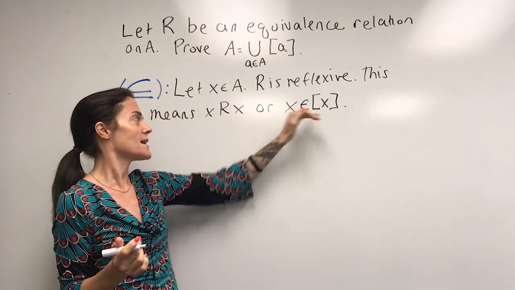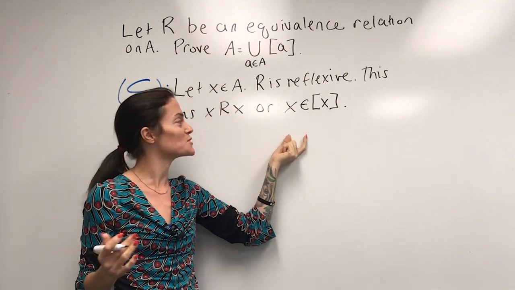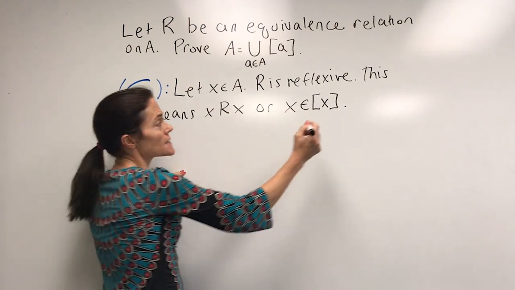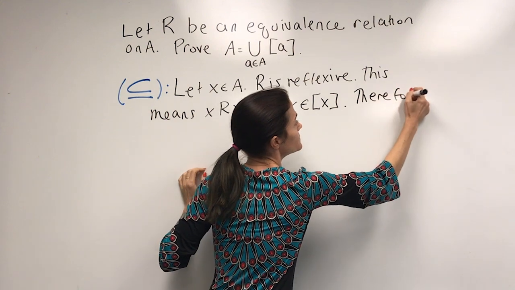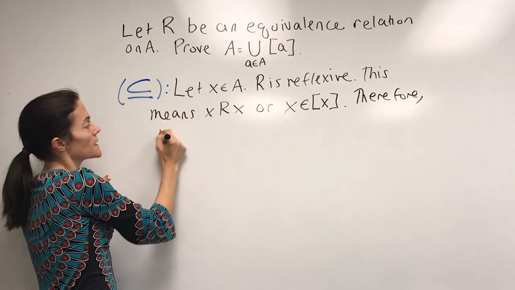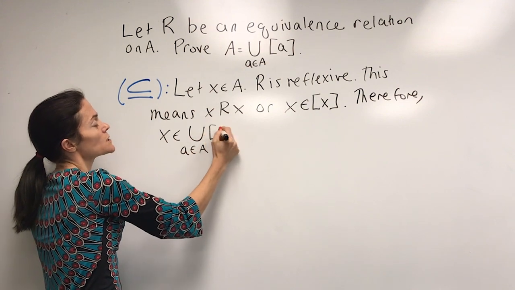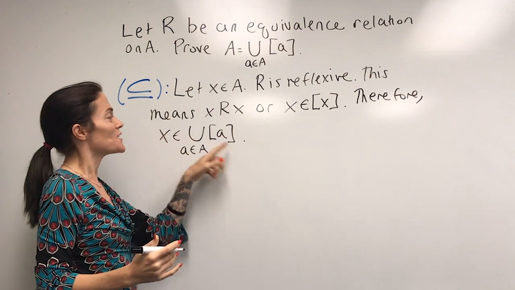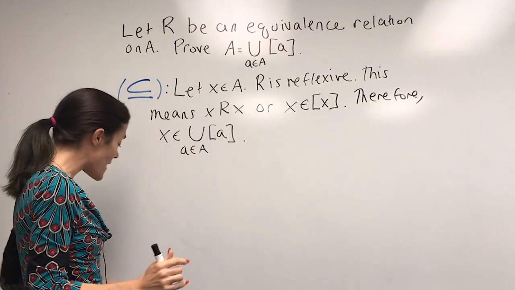As shown in class, x is in its own equivalence class, but it didn't take very long to go over why it was true again. Therefore, x is certainly in the union of all of them because it's in one of them. It's in its own, okay? So it's definitely in the union of all of them, and that establishes the subset in this direction.